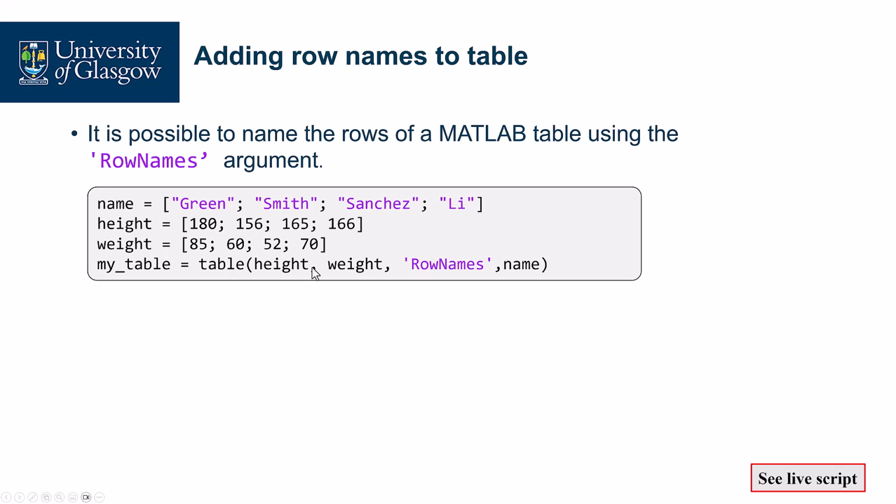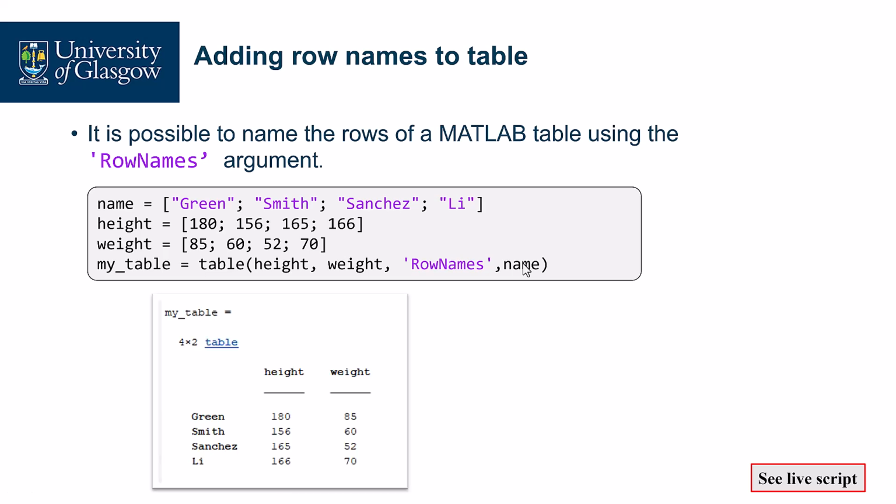So what I do is like this: table, height, weight. In this way, the table only has two columns, height and weight. Then name is still the same-size variable, right? Still 4 by 1, but I tell the table function this one is row names. So I use the RowNames argument: RowNames, name. It means the name variable is defined as the row names of this table.